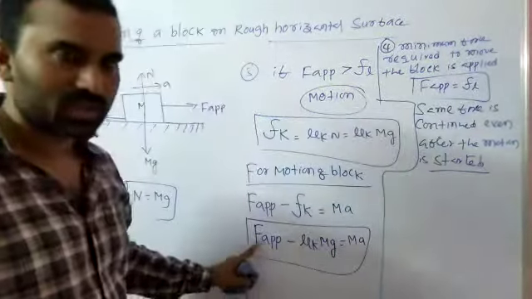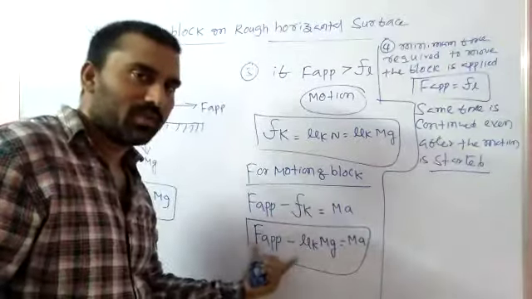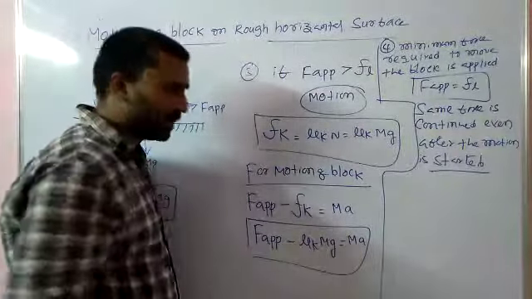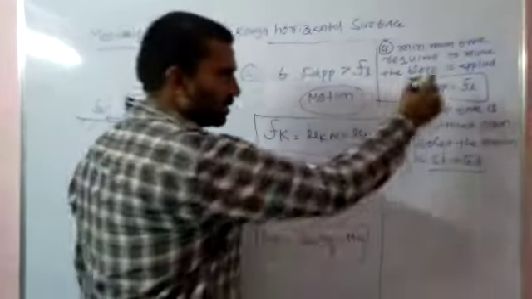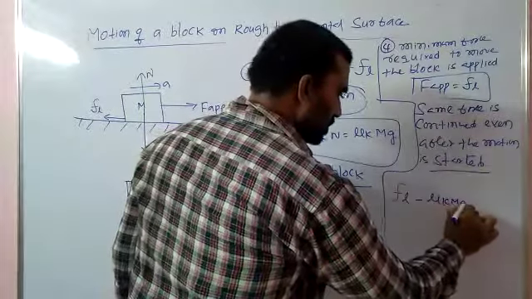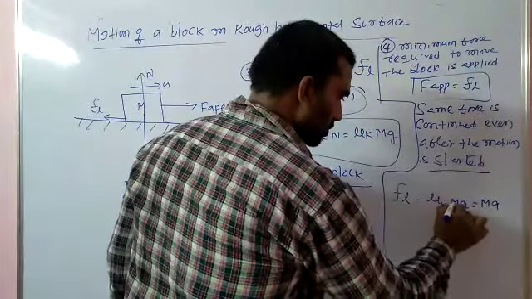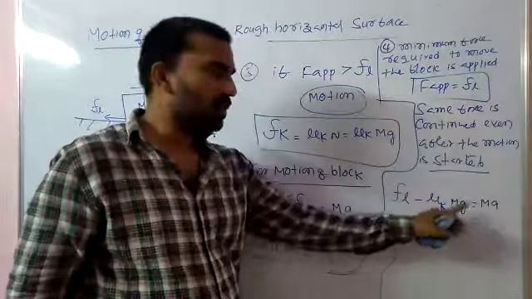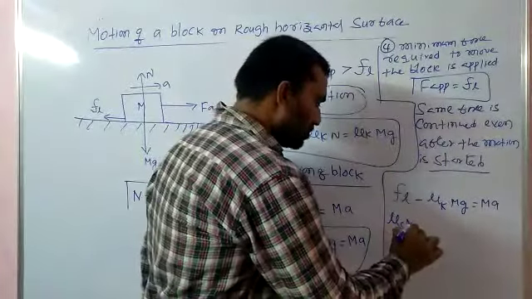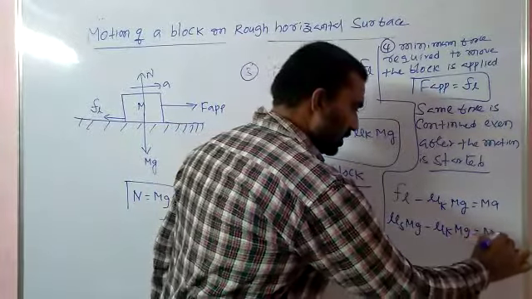So in this equation, whenever the block is in motion, remember: applied force minus mu k mg equals ma. What is the applied force? It is equal to limiting friction. So limiting friction minus mu k mg is equal to ma. What is limiting friction? Mu s mg. So mu s mg minus mu k mg is equal to ma.